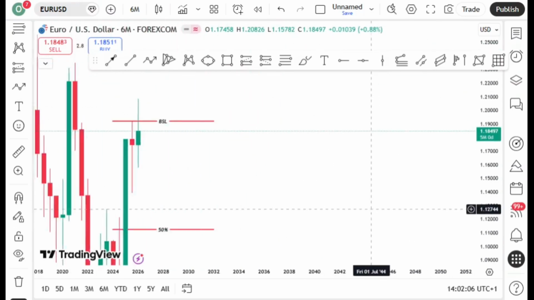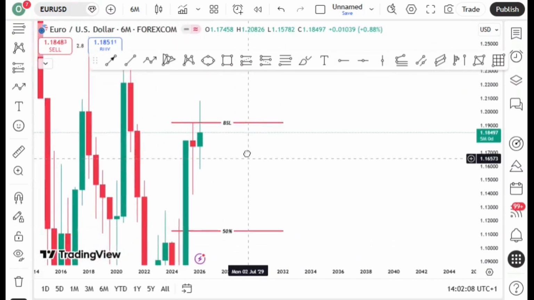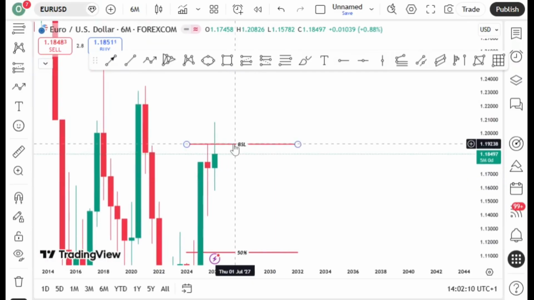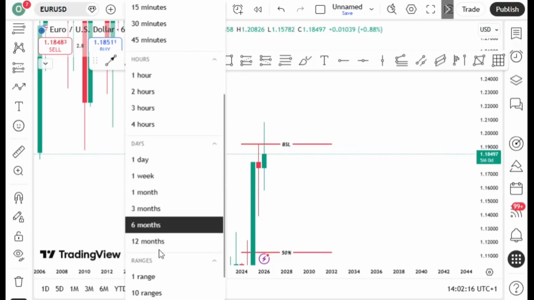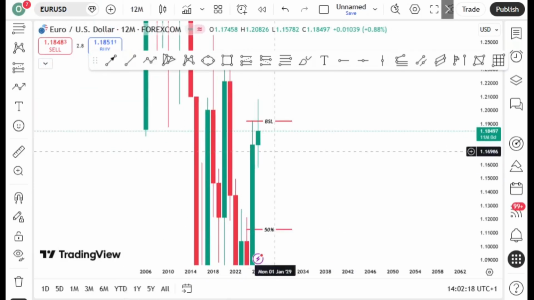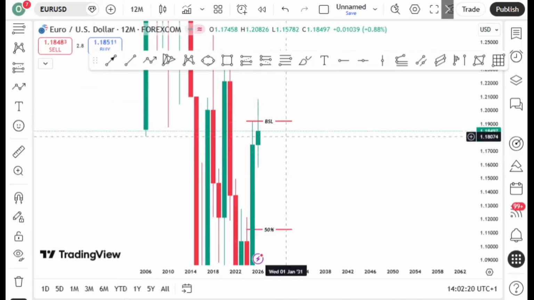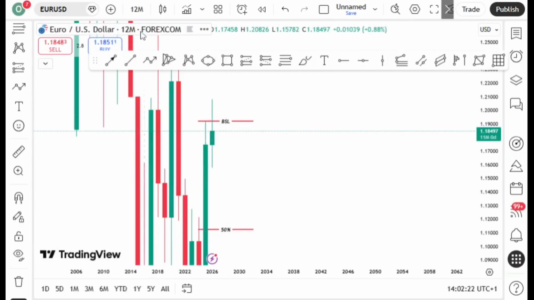Now, from right here we see liquidity has been taken up down here. If you look at the 12-month interface, you see liquidity has been taken off already.